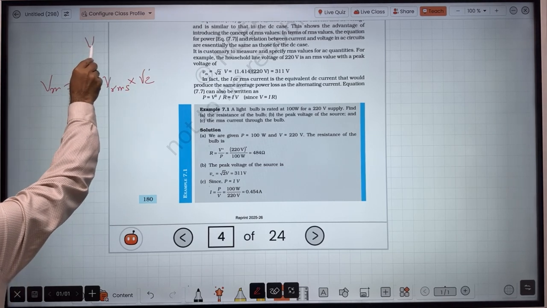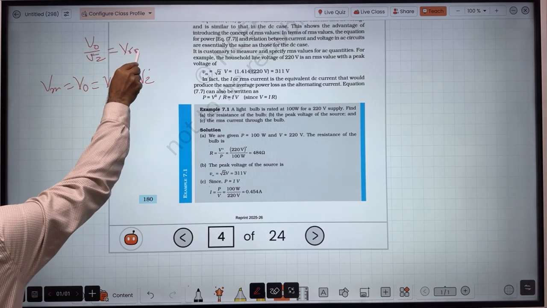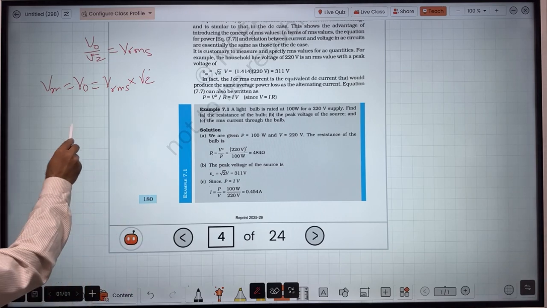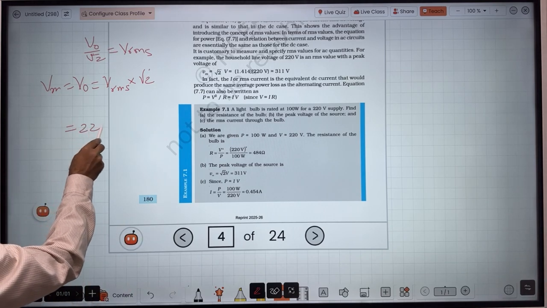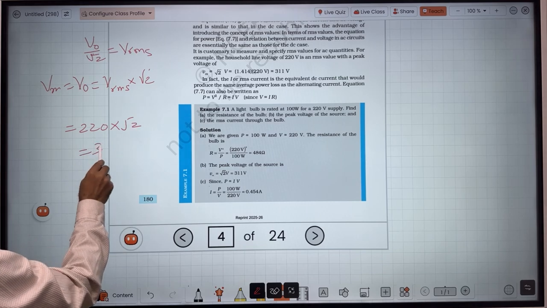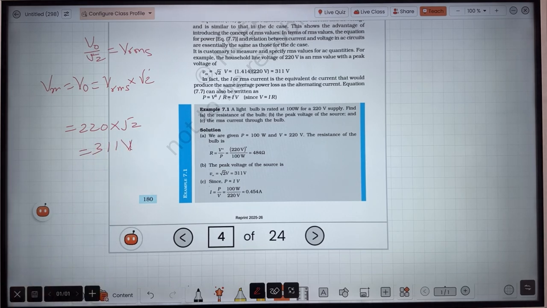Because if you remember, I told you V0 divided by root 2 gives VRMS, right? So here VRMS is given as 220, multiplied by root 2. If you evaluate it, it will come out to be 311 volt, right? So we have got peak voltage and then we need current.